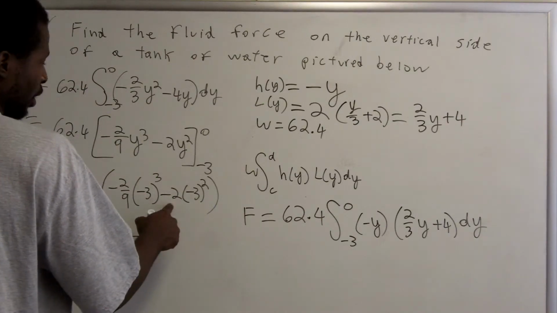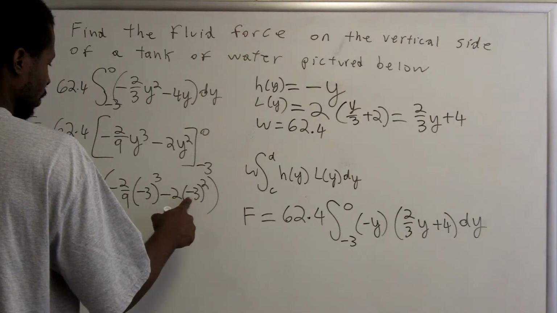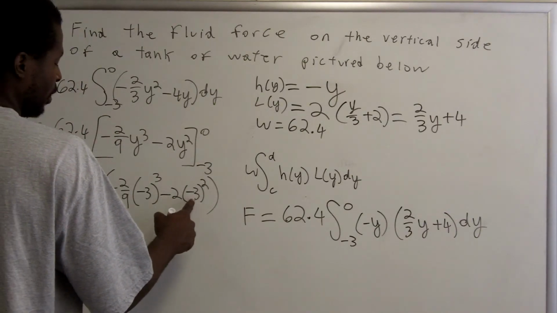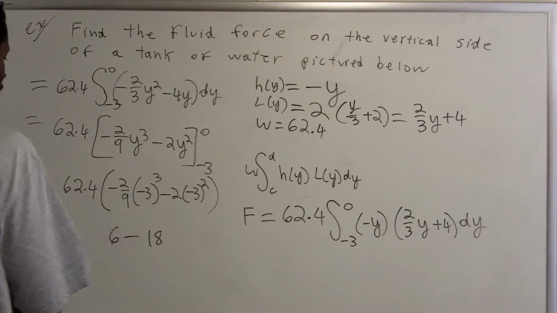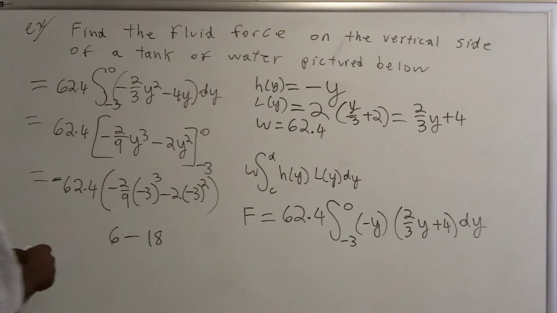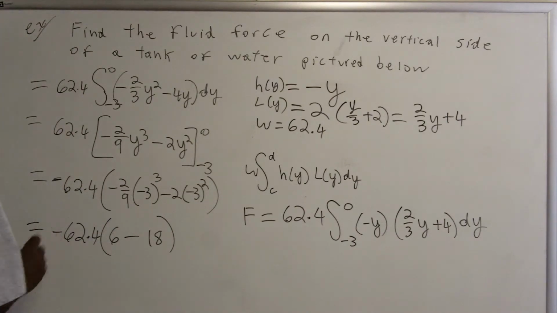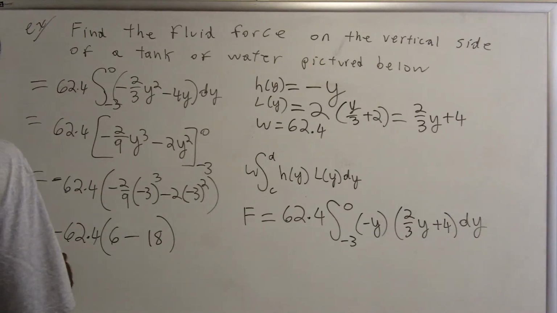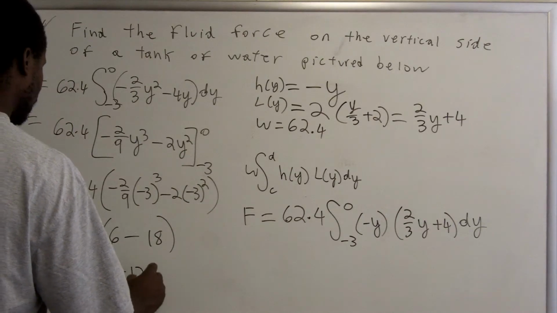And this would be 2 times 9, which is 18. And this whole thing is negative because it's the subtraction side, right? So we get that this is going to be equal to negative 62.4 times -12.